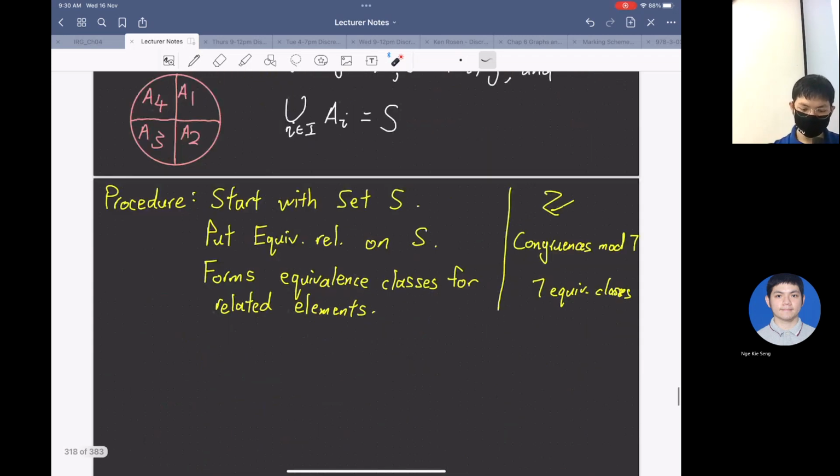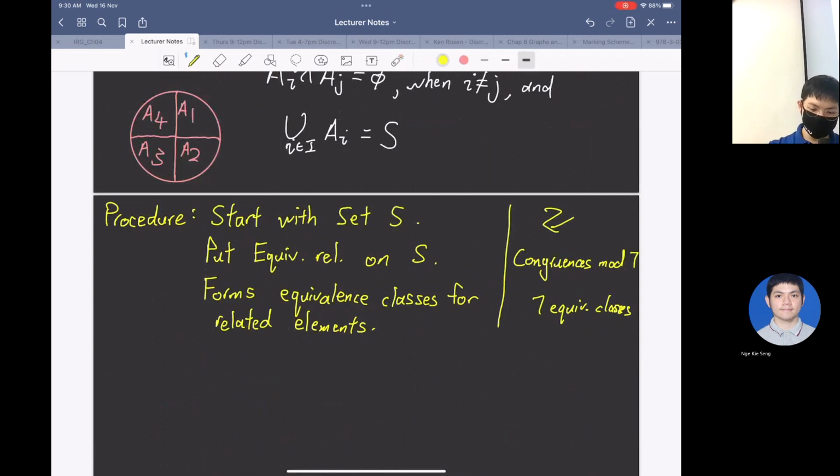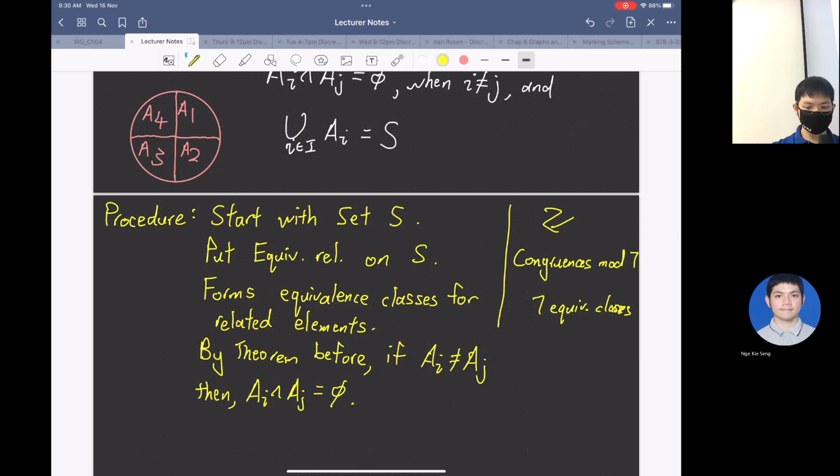By the theorem before, if A_i is not equal to A_j, then their intersection is empty.